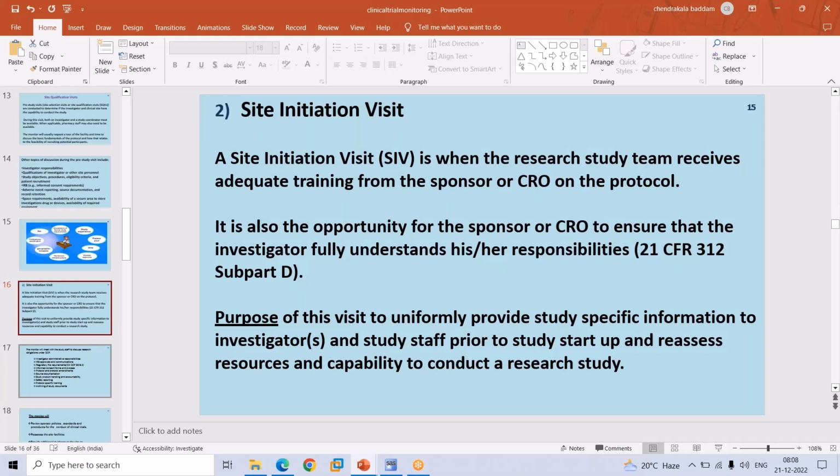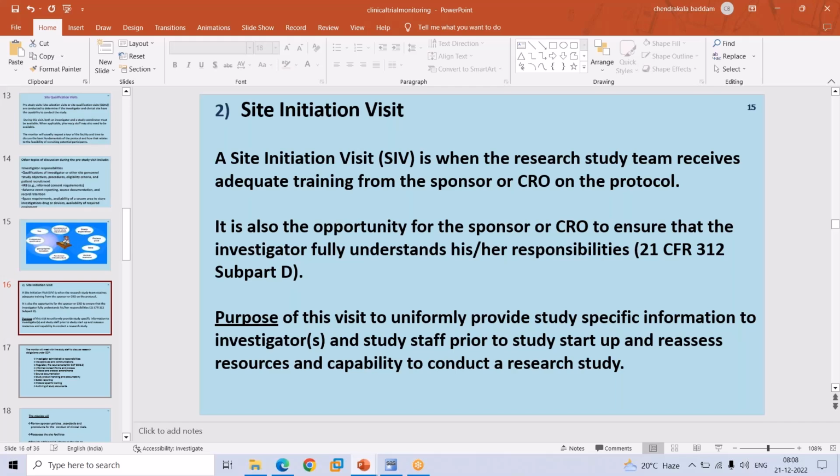After the pre-study visit, we go with the site initiation visit. The first one, the site selection visit, is where we choose the site. After that comes the initiation visit, when the study team receives training from the sponsor or CRA.